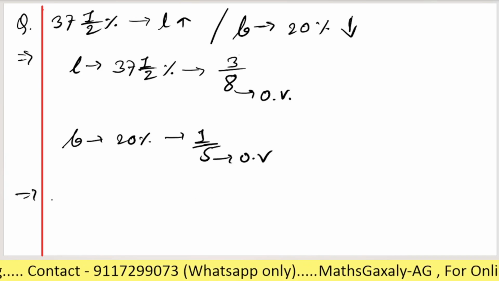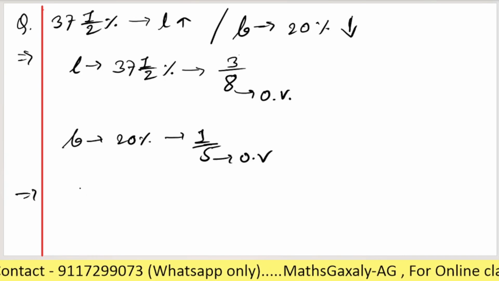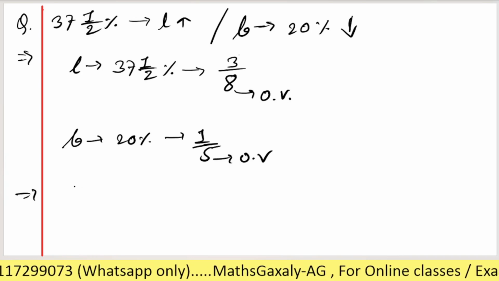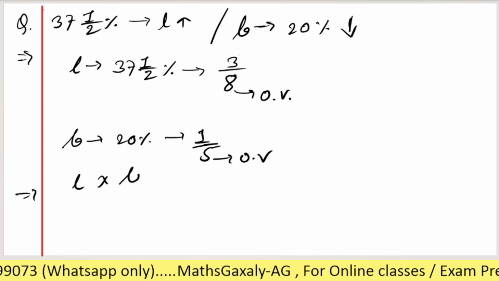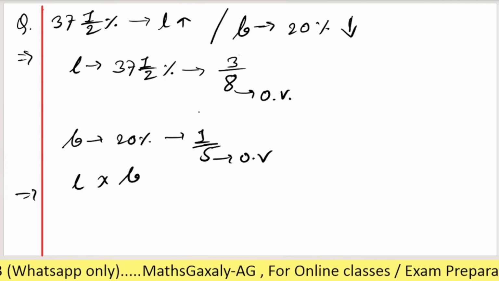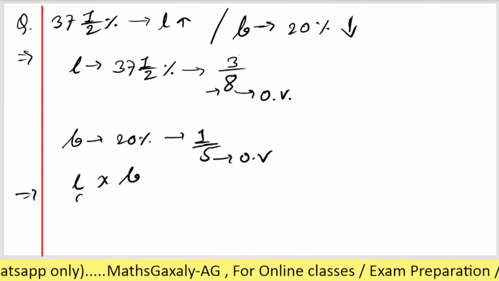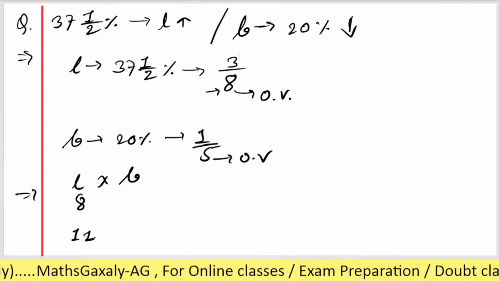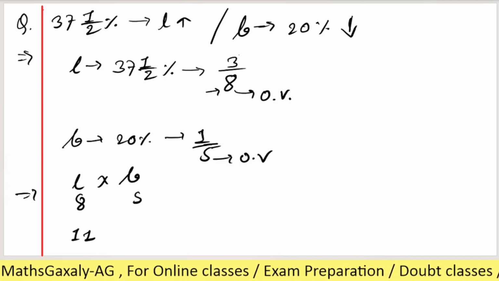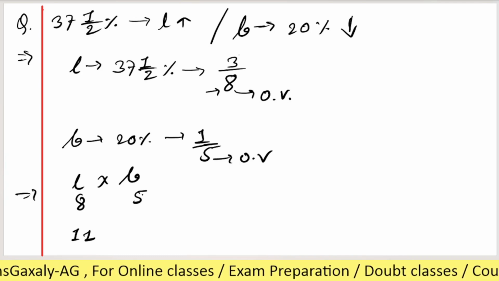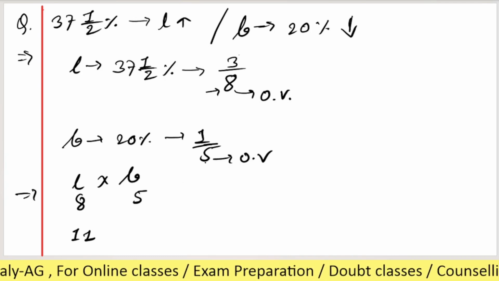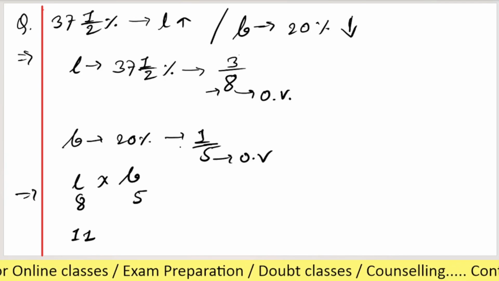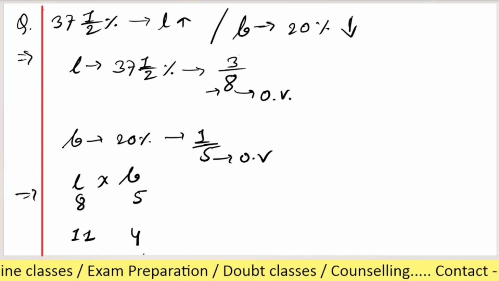Now let's see how we will do it. To find the area of the rectangle we do length into breadth. Originally the length was 8, now it has become 3 more, so it will be 11. Before, the breadth was 5, now it is a decrease of 20%, so 1 has been decreased and the breadth is now 4.